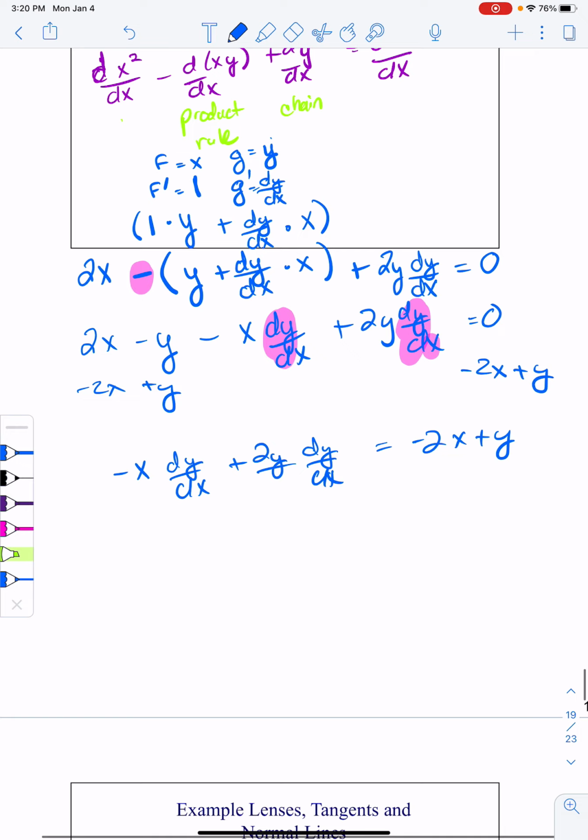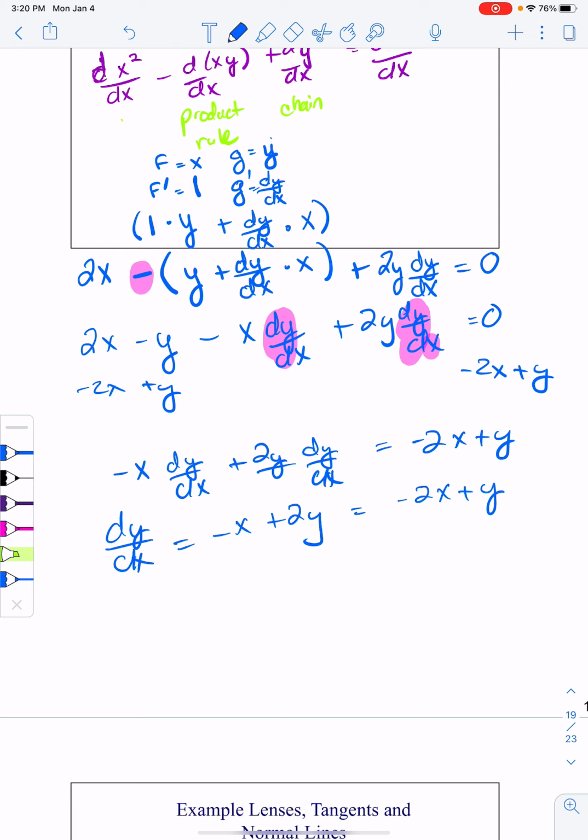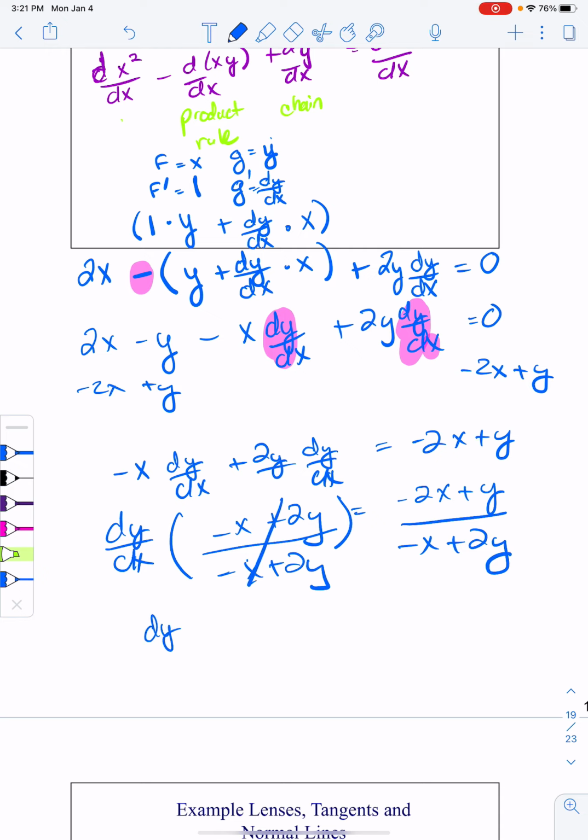I'm going to factor that out and get dy/dx times (negative x plus 2y) is equal to negative 2x plus y. Sorry, I put an equal sign. There shouldn't be an equal sign here; it should be a parenthesis. My apologies. Then I'm going to divide by negative x plus 2y. So you're going to get dy/dx is equal to (negative 2x plus y) over (negative x plus 2y).